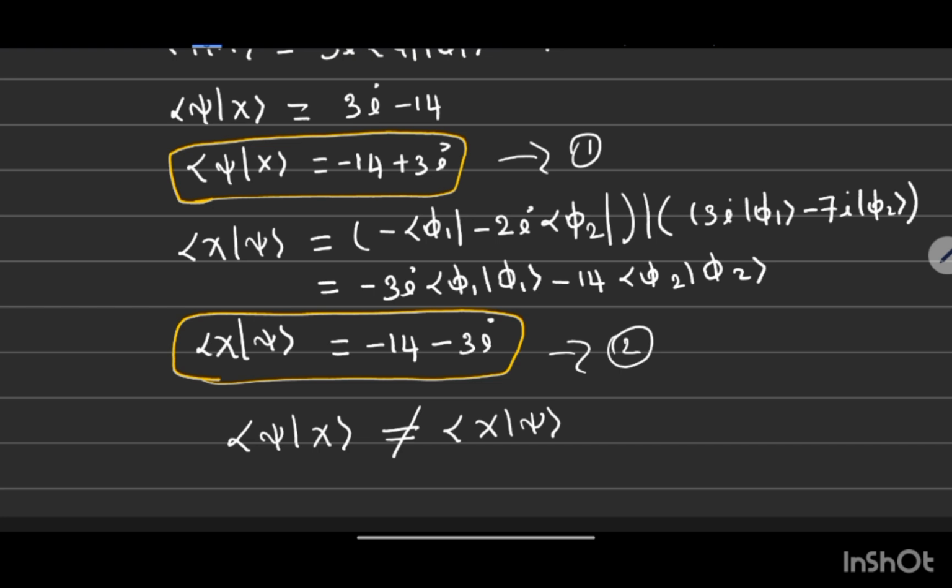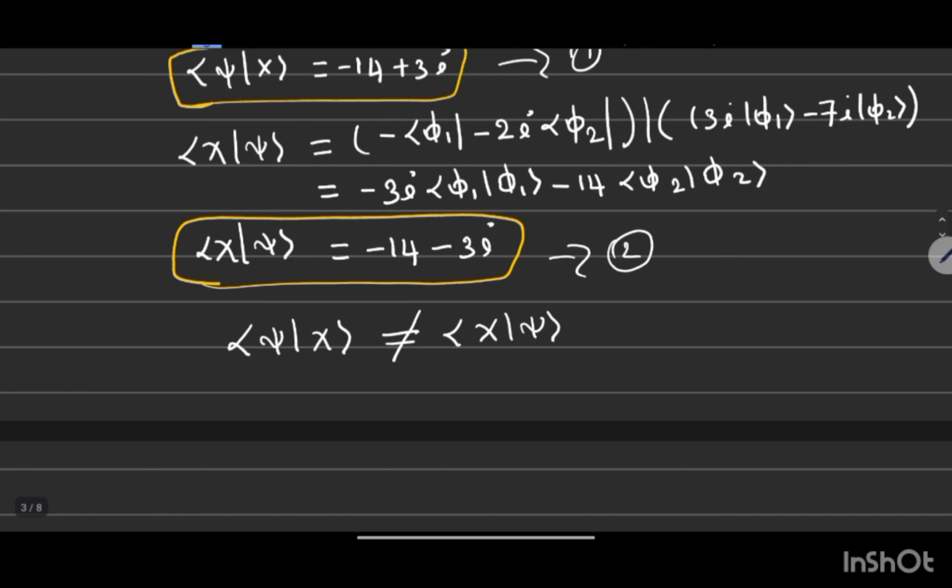Here you see the scalar product of psi with chi is 3i minus 14 and chi with psi is minus 14 minus 3i. In fact, they are complex conjugates of each other. So we can write that the scalar product of psi with chi is equal to the scalar product of chi with psi, and then taking the complex conjugate. Okay.